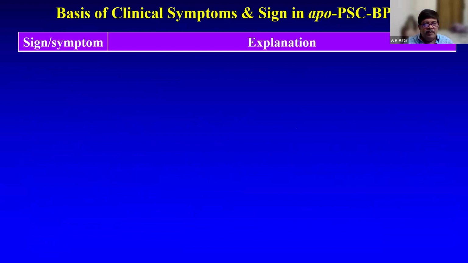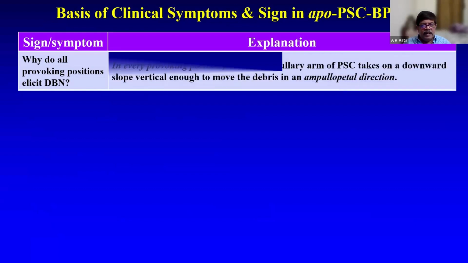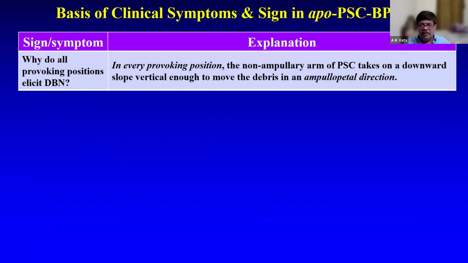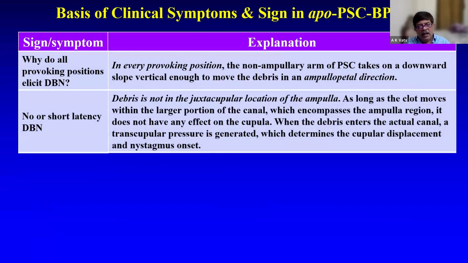So what is the basis of clinical symptoms and signs in apogeotropic posterior semicircular canal BPPV? Why do all provoking positions elicit downbeat nystagmus? In every provoking position, the non-ampullary arm of the posterior semicircular canal takes on a downward slope vertical enough to move the debris in the ampullopetal direction. The second question is why there is no or short latency? Because the debris is not in the juxtacupular location of the ampulla.